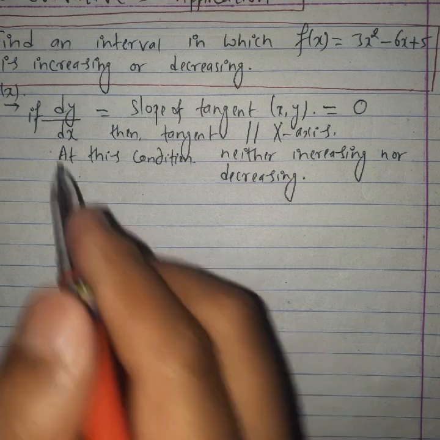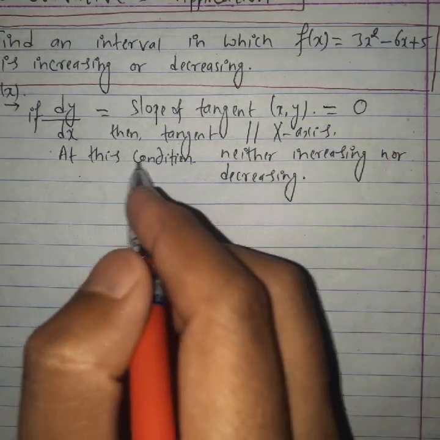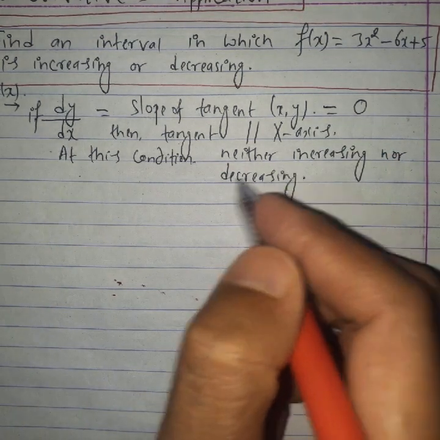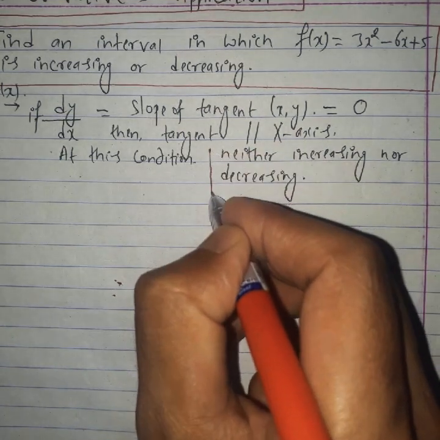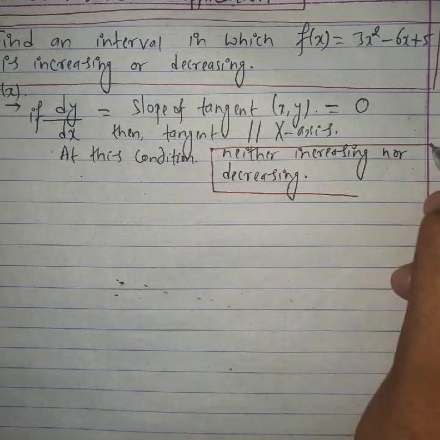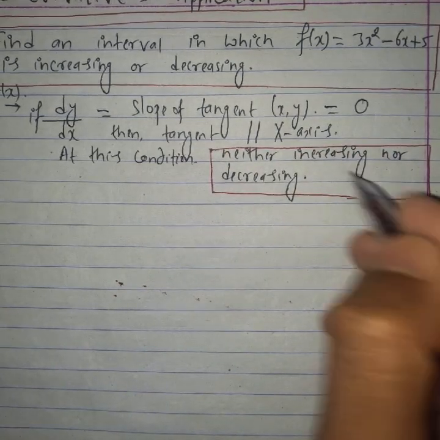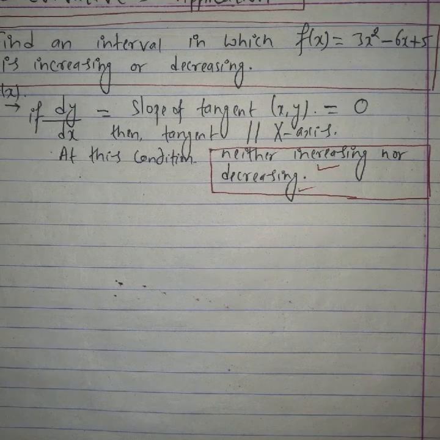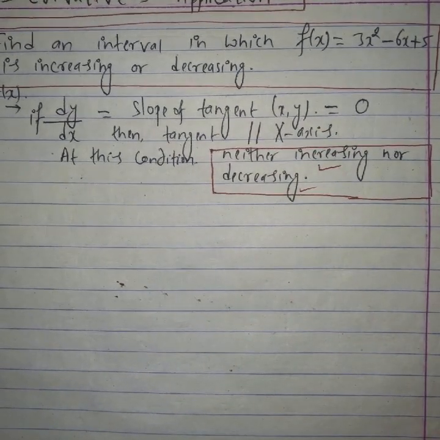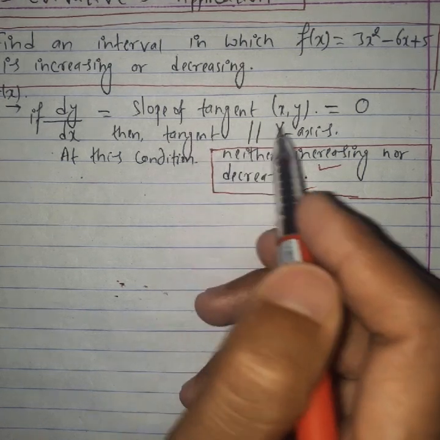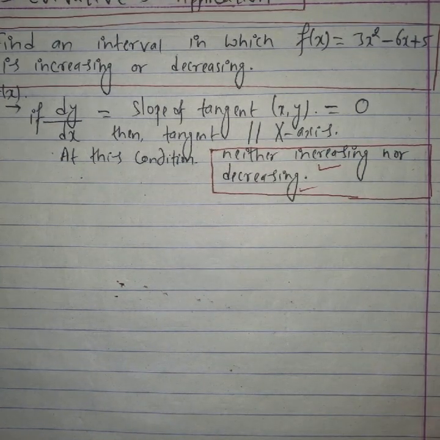If dy over dx is 0, then the function will be neither decreasing nor increasing. The function will be neither increasing nor decreasing when dy over dx is exactly 0. In this situation the tangent will be parallel to the x-axis also.